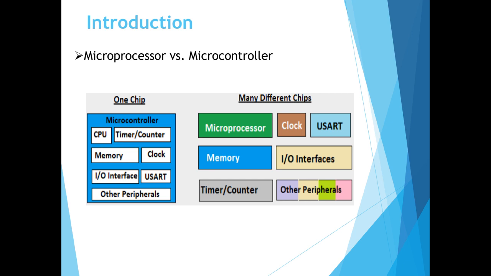As I explained in the previous slide, the microcontroller includes a CPU as microprocessor, timer counter, clock, memory, input-output ports or interface, UART and other peripherals, all in one single chip.